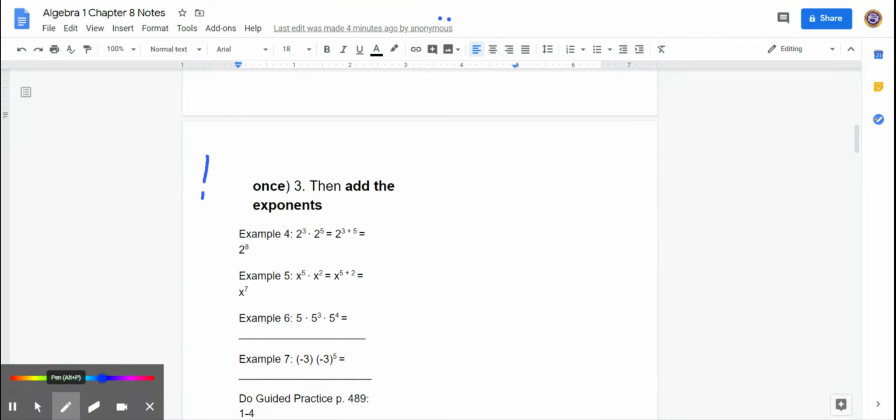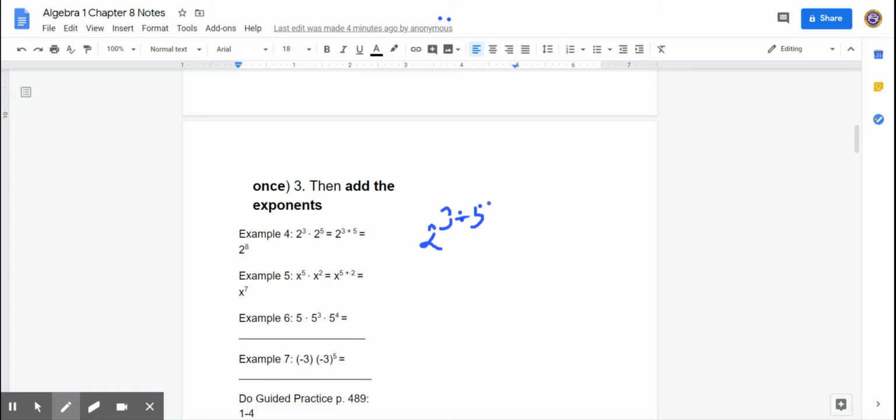So in example 4, you see 2 cubed times 2 to the 5th. So you keep the base and you add the 2 exponents, just like I have down. 3 plus 5 is 8. So your answer is 2 to the 8th, which means 2 times 2 times 2 times 2, 8 times.